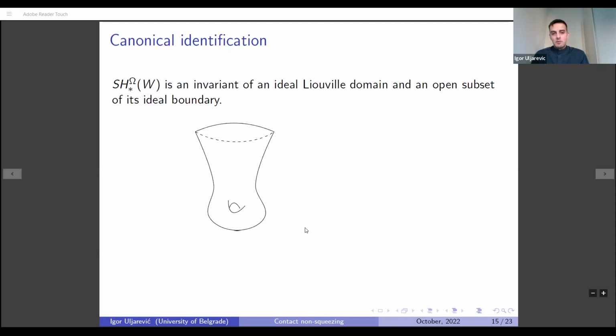So we take a Liouville domain, W. These lines represent the flow lines of the Liouville vector field. We take an open subset omega on the boundary. And now let us choose a different Liouville domain that has the same completion.